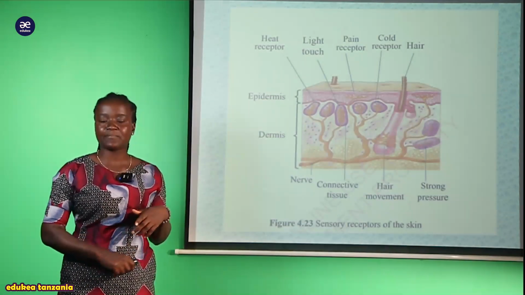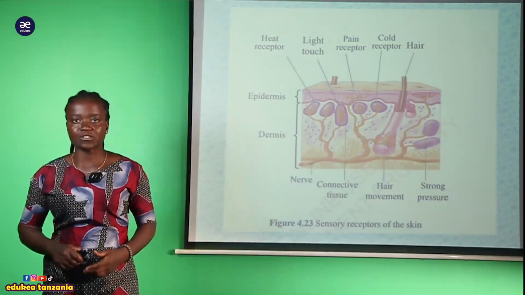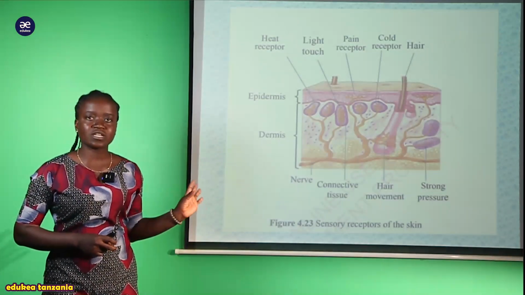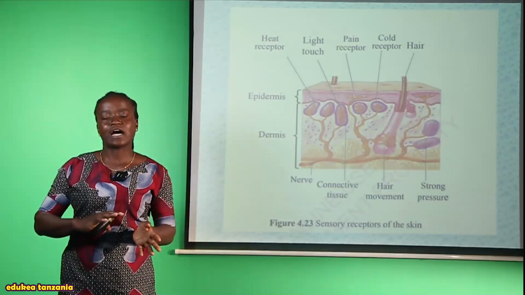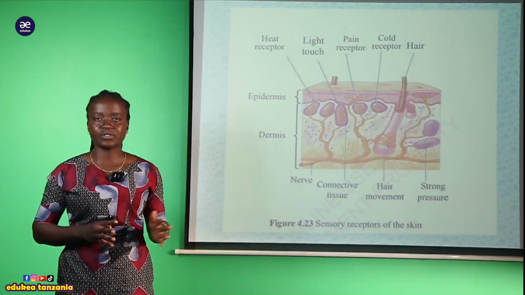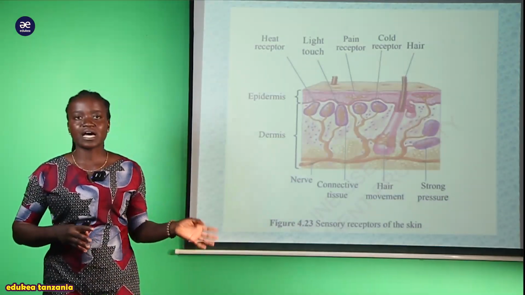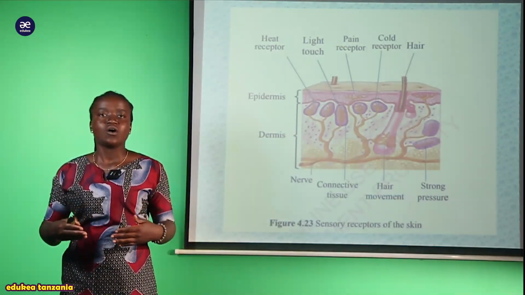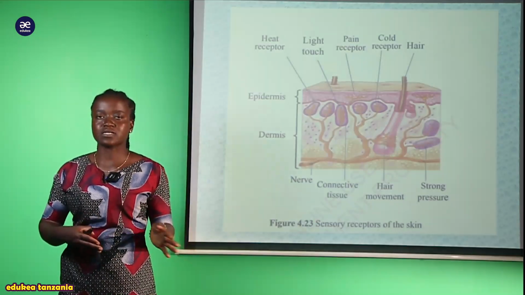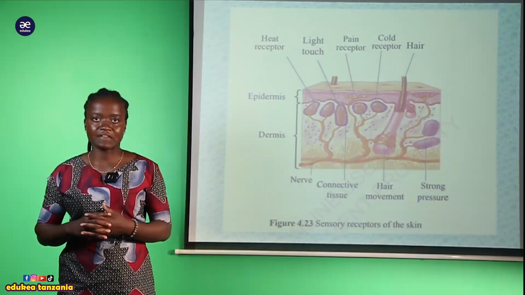The dermis is the inner part of the skin, but the epidermis is the outer part of the skin. We're going to see all of this when we move further, looking at the mammalian skin. So we're going to discuss what the epidermis is, what the dermis is, and the structure of it, and how it works in response to different kinds of changes occurring within the environment.